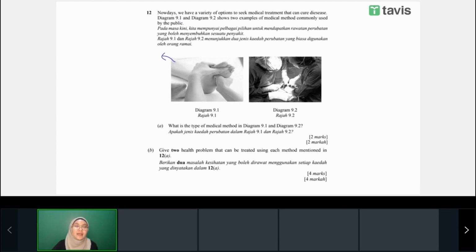Just now we had three categories: modern medicine, complementary, and traditional. So diagram 9.1 belongs to traditional medicine.